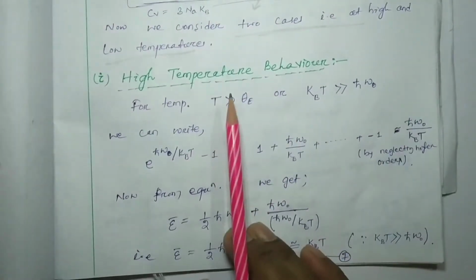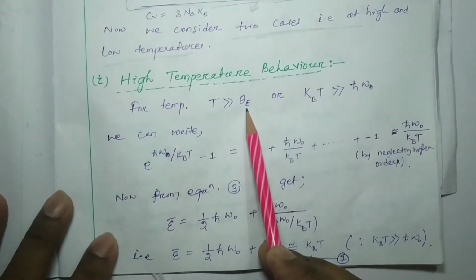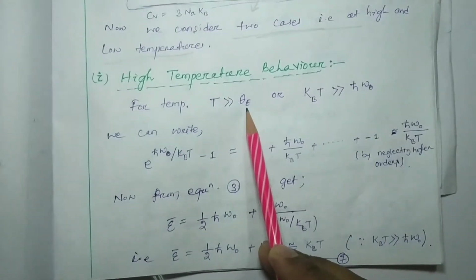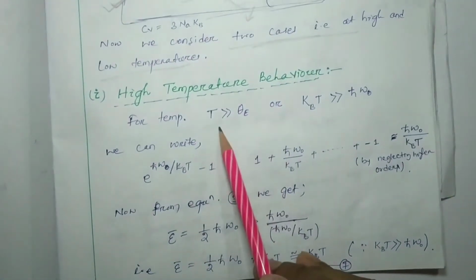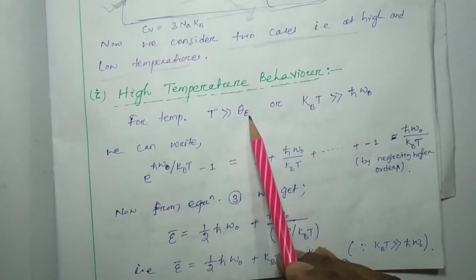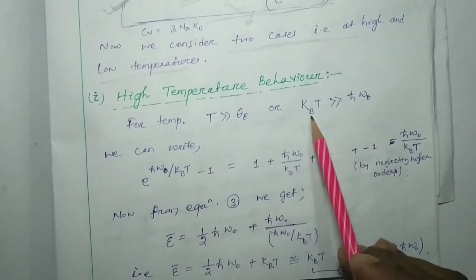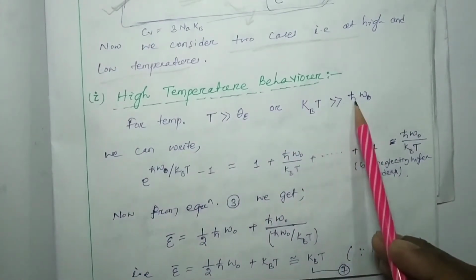For temperature greater than theta E, we consider T much greater than theta E, or kBT greater than h cross omega.